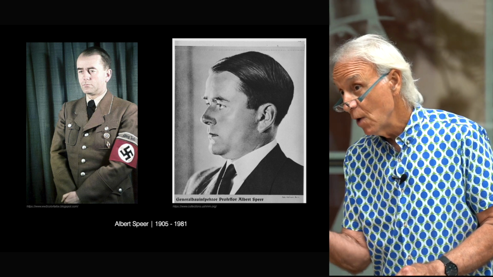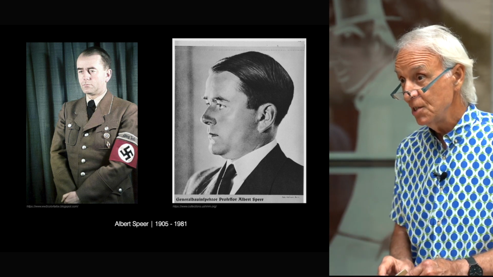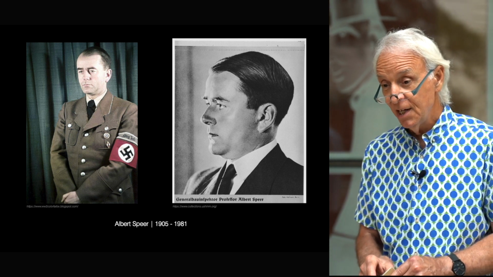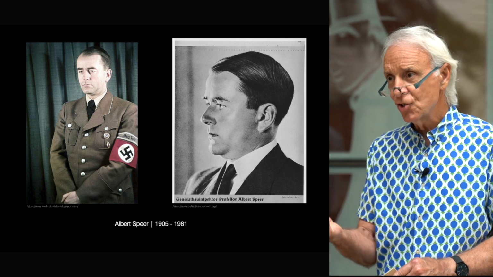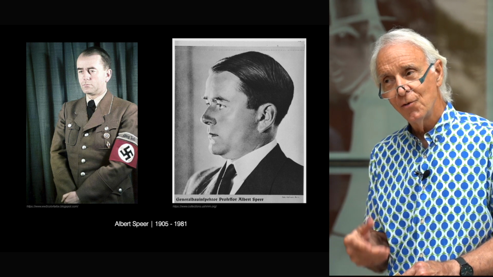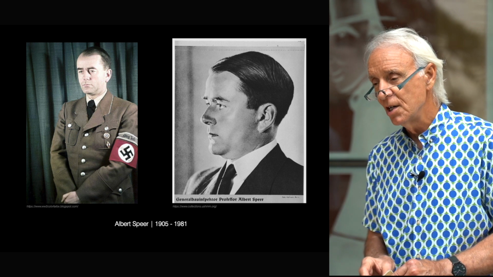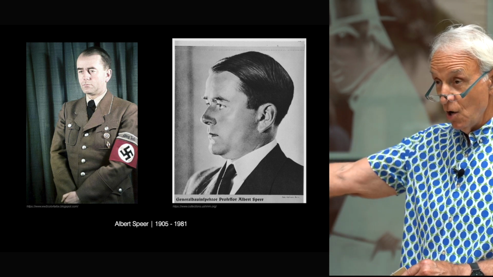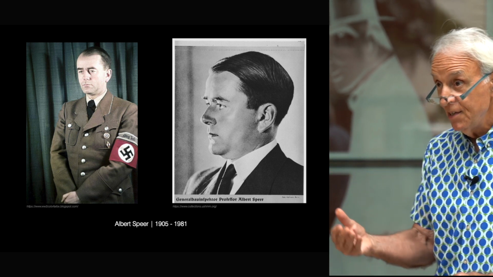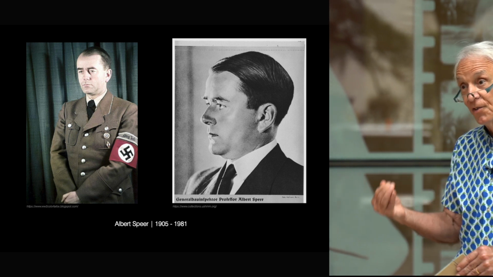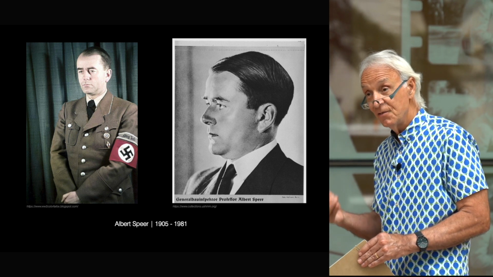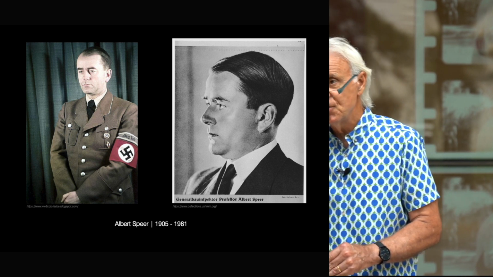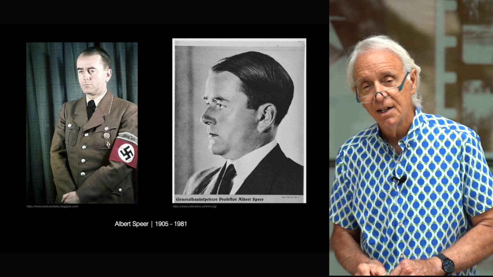And when he began to rise to prominence in the Nazi Party and in Germany, he understood that architecture is a tool for advancing my cause. And he actually went back and hired one of his old professors to be the architect who would work on all of the projects that were involved in helping him build his position in the Third Reich.